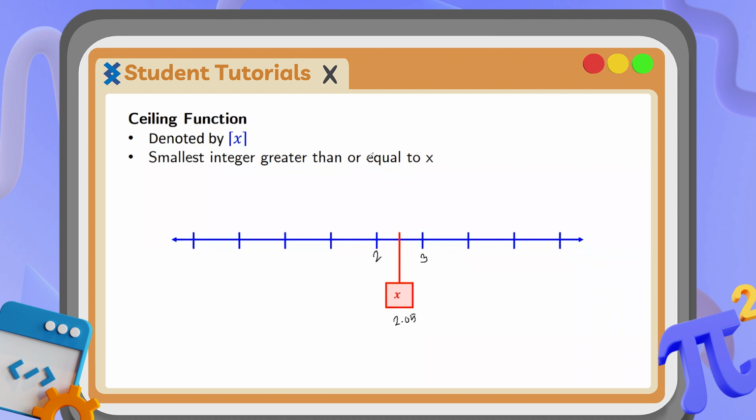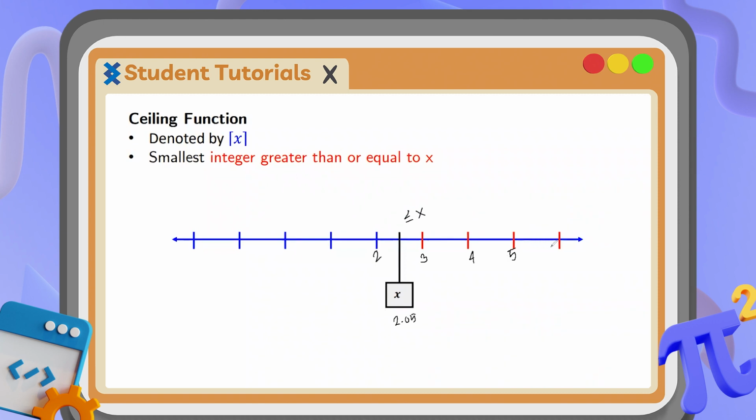So when we say the smallest integer greater than or equal to x, first again, look for the values greater than or equal to x. So that's all of the values over here shaded in this interval, which may be integers, rational numbers, or irrational numbers. So then we pertain to the not smallest yet, but integers greater than or equal to x.